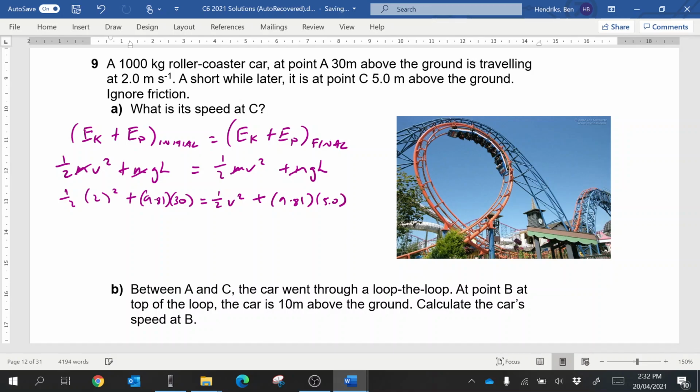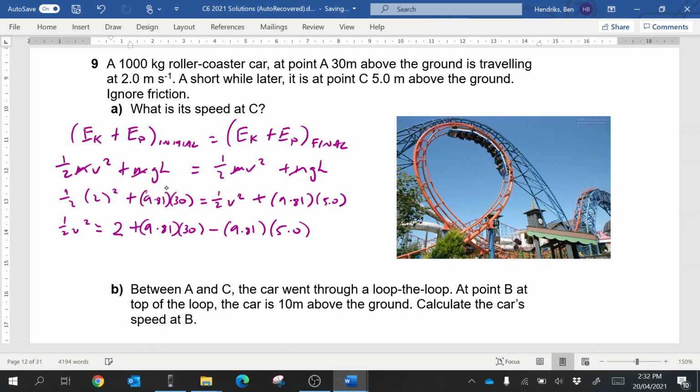That means half v squared is going to be equal to, half times 2 squared, which is 2, plus 9.81 times 30, and then we subtract 9.81 times 5.